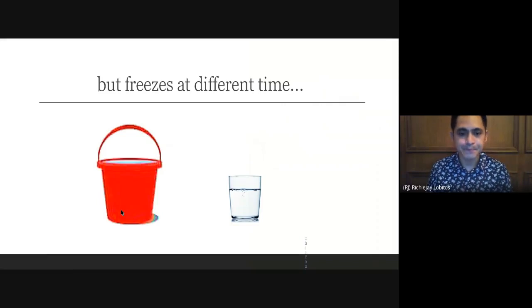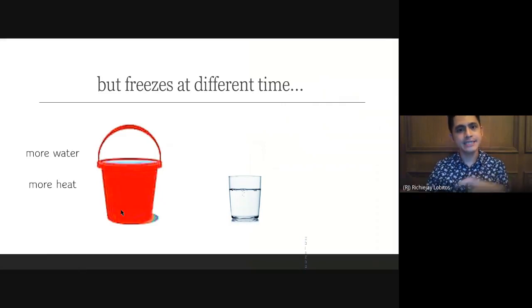Why is that? A pail of water contains more water. That means it has more molecules. More water molecules means more heat. So it would take time for them to lose all of that heat and reach 0 degrees Celsius.